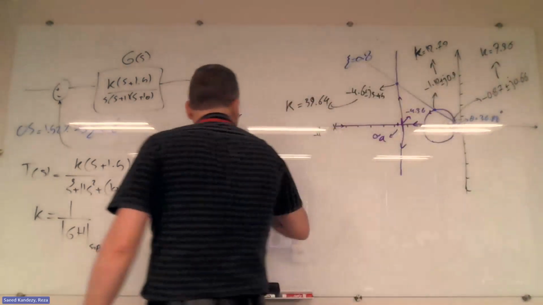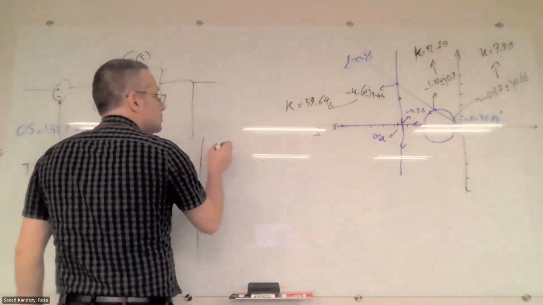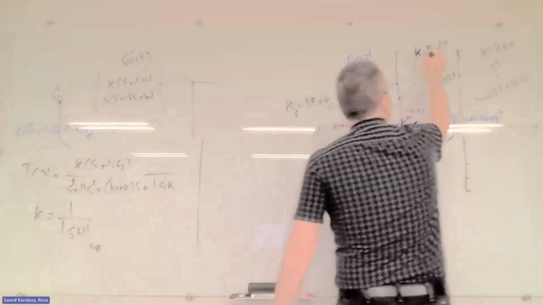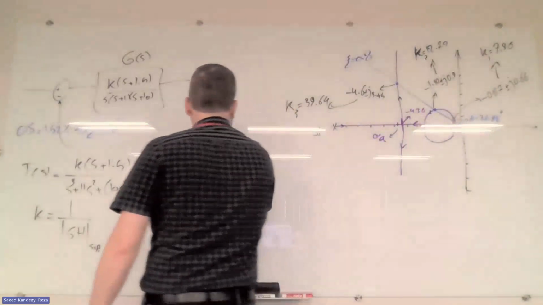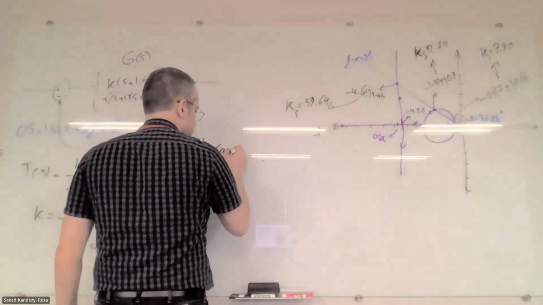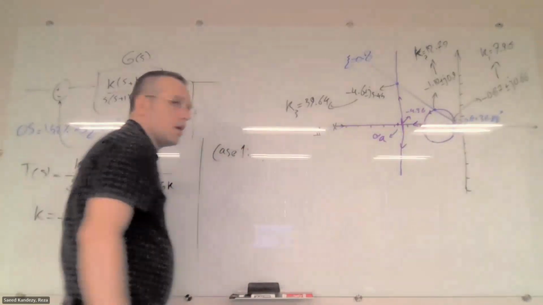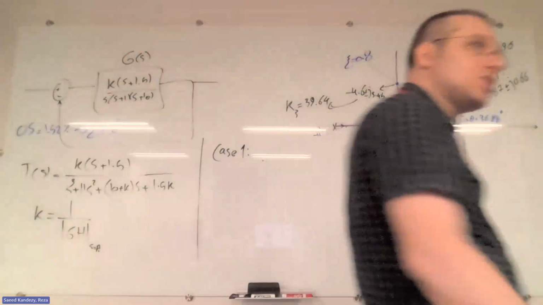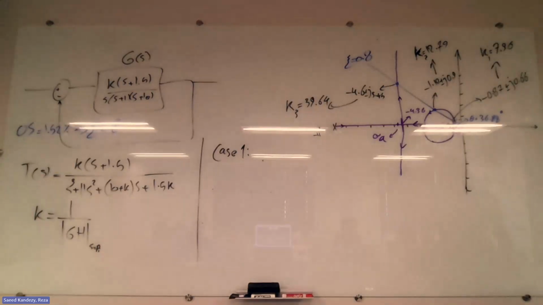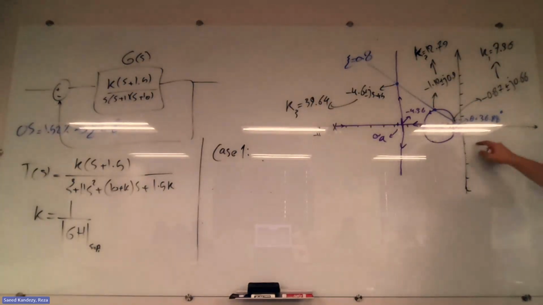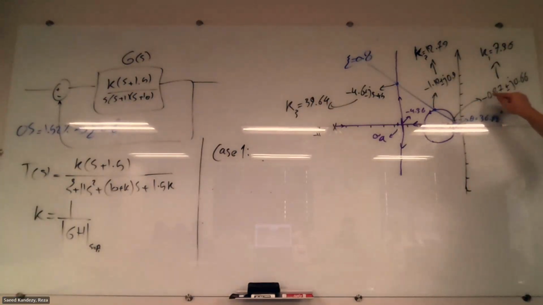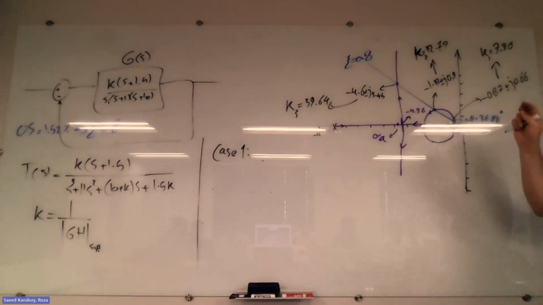For each of those cases, for case 1, if we have a second order system, the poles of the second order system are going to be minus 0.8 plus minus 0.66. Are we good? That was the second order equivalent for these 2 points.